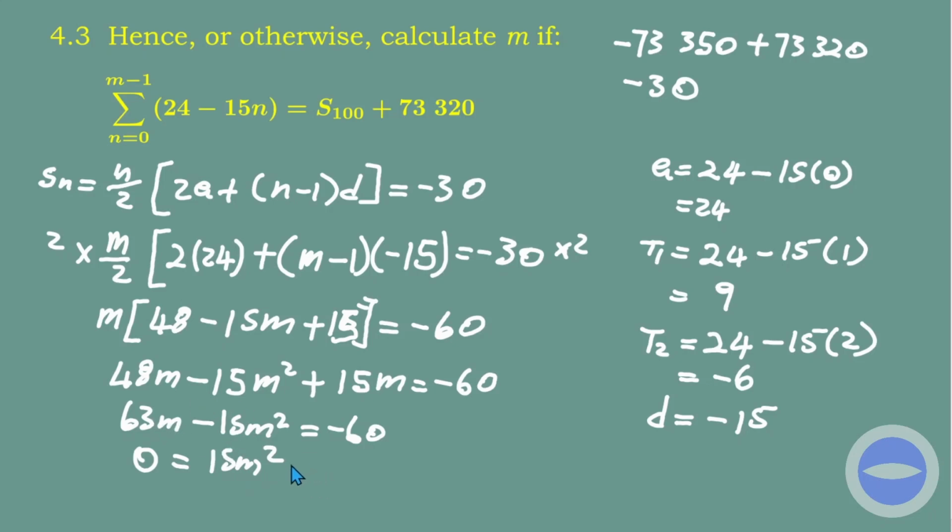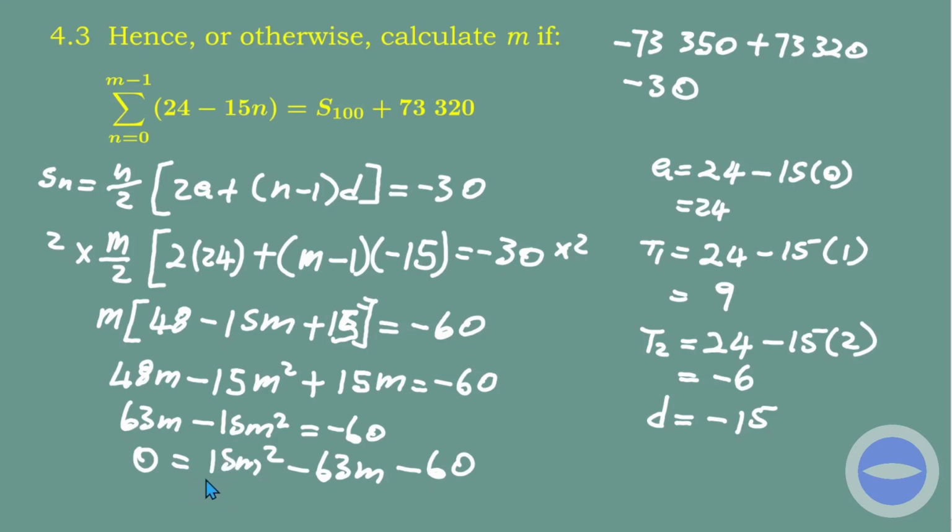This one, when it moves, becomes negative, minus 63m, and then 60 is negative, so negative 60. So now I have a common factor here. My common factor is 3.